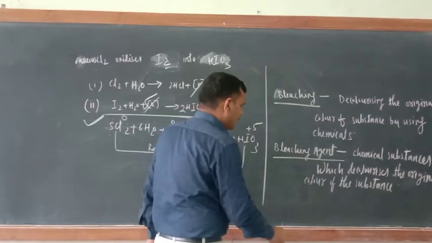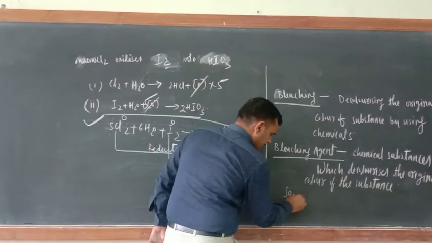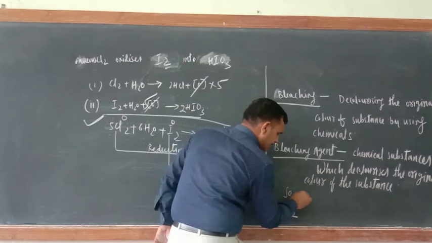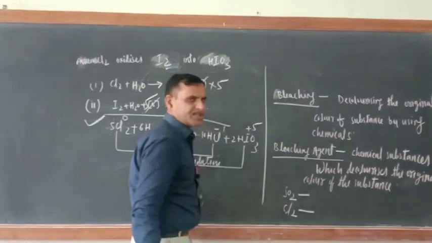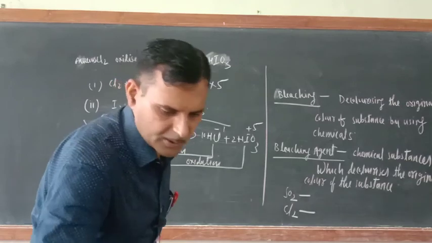Now just see, SO2 is a bleaching agent, Cl2 is a bleaching agent, but there is a difference in the bleaching action of SO2 and Cl2.